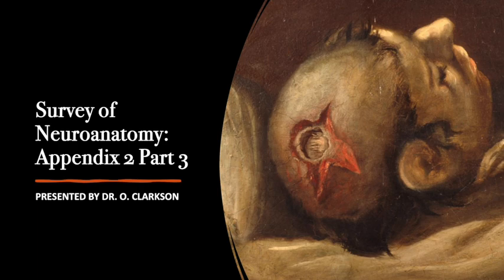And then it gets drained out through the arachnoid granulations. So again, overall view: dura mater, arachnoid mater, and pia mater. Your CSF is found in your subarachnoid space.